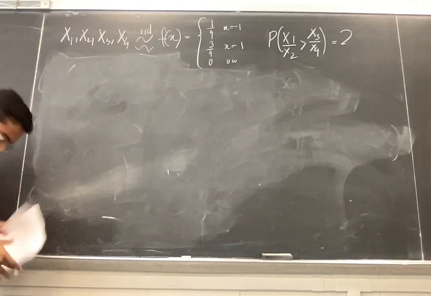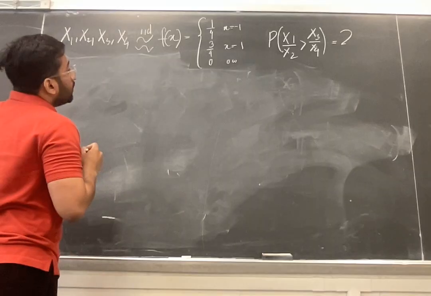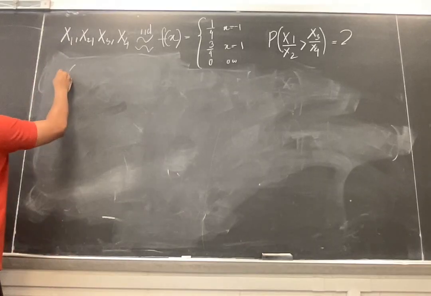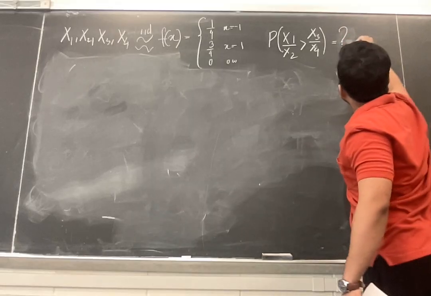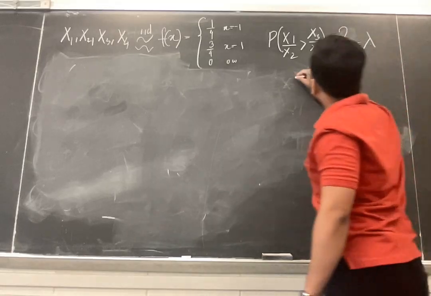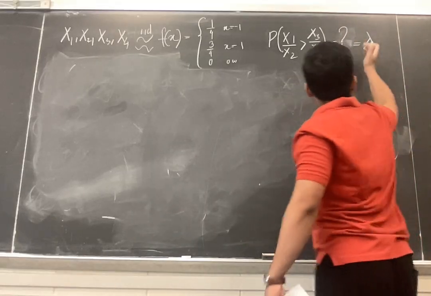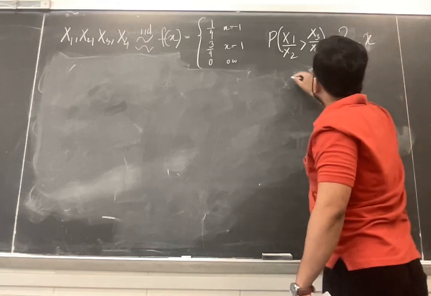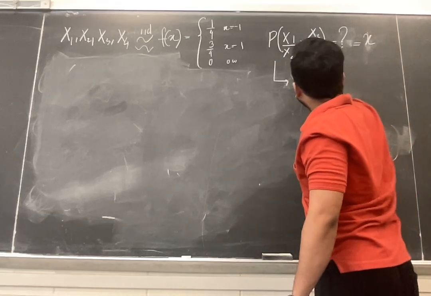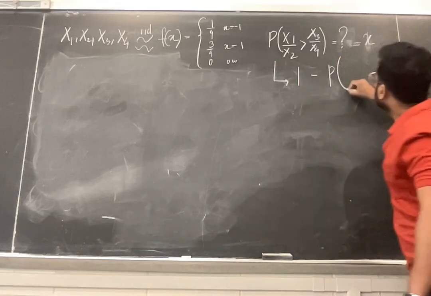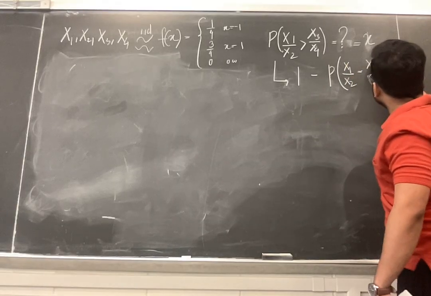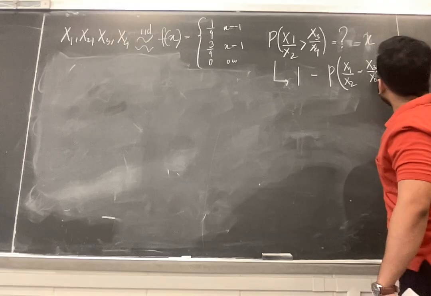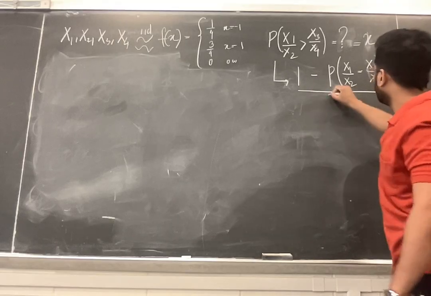So we have realized that this is what we need to find. Let's call it lambda, or x. And x is nothing but 1 minus the probability that x1 by x2 is equal to x3 by x4, whole divided by 2.